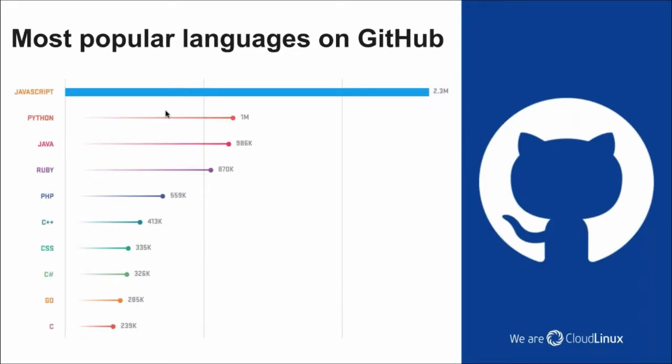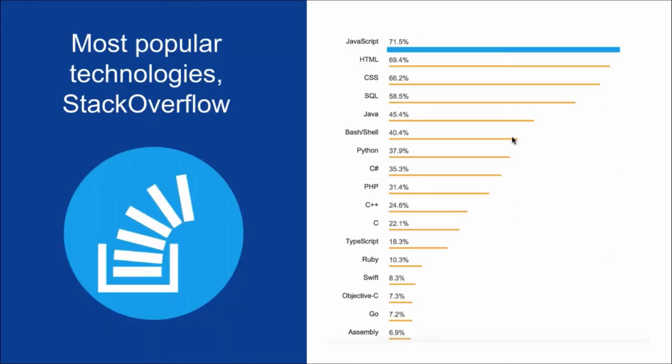In comparison to other programming languages, JavaScript is by far more popular on GitHub. It overcomes Python by almost 1.5 million. And on Stack Overflow, it remains the most popular language, with 71.5% of people using it.